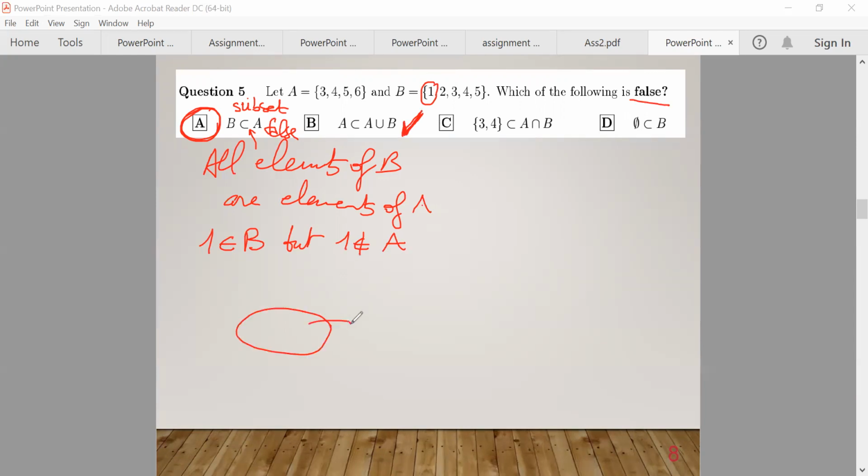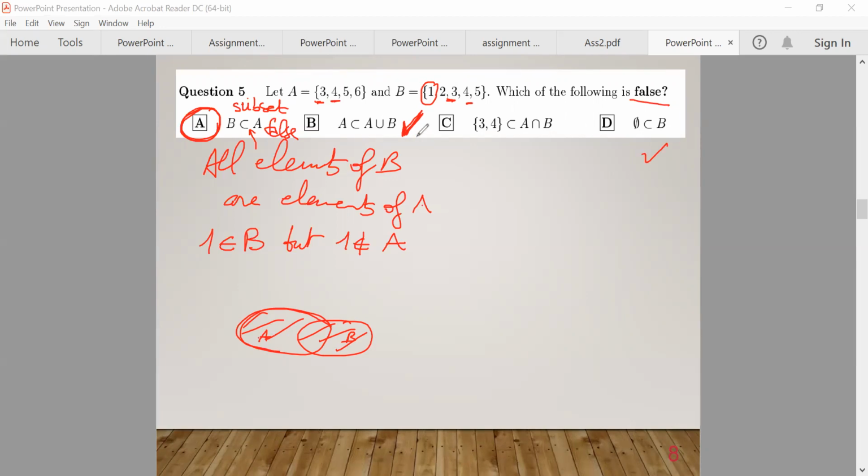Because A union B is a larger set. This is A and this is B. A is a part of this set. 3 and 4 are elements of the intersection. Yes, 3 is in A and B, and 4 is in A and B. Correct. The empty set is a subset of B. This is always satisfied.